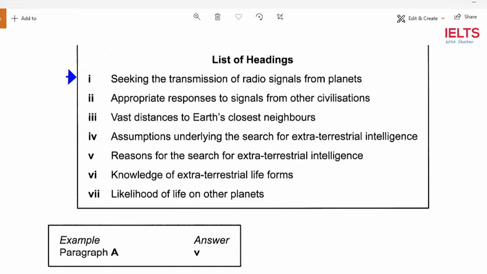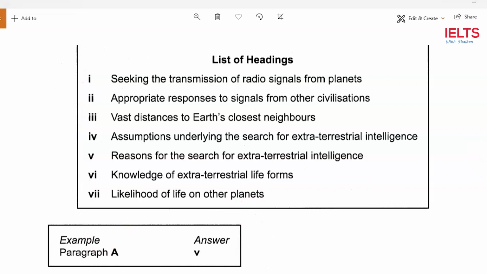All the numbers are written using these Roman numbers, and you don't have to change them. You are not allowed to change them in the exam. So if you transfer your answers to the answer sheet, it's a must. You have to use these Roman numbers. So number 1, then number 2, 3, 4, 5, 6, and 7.